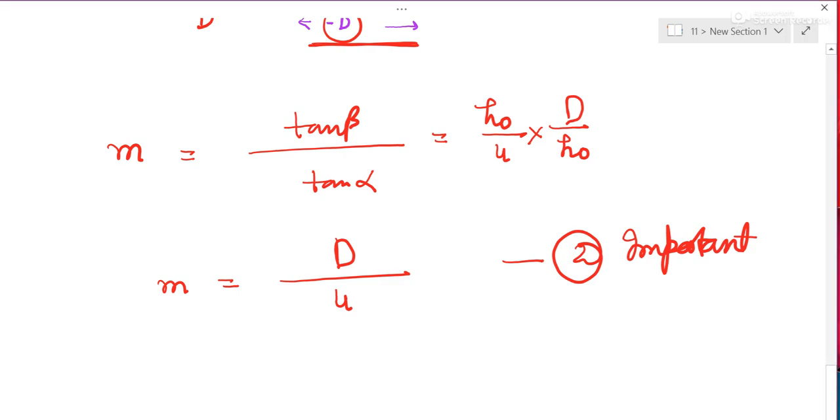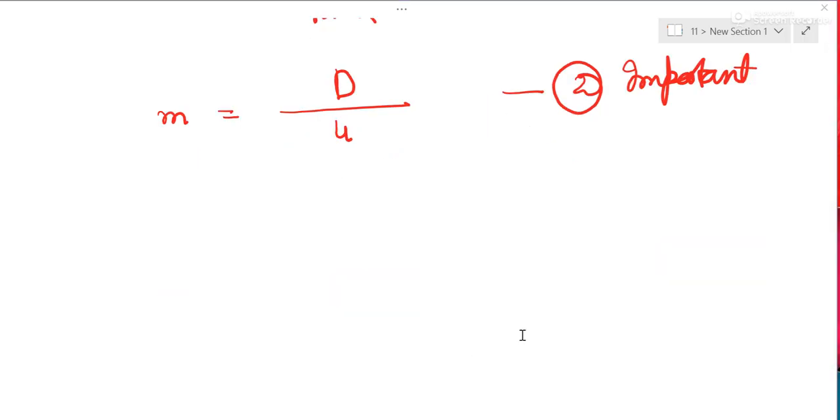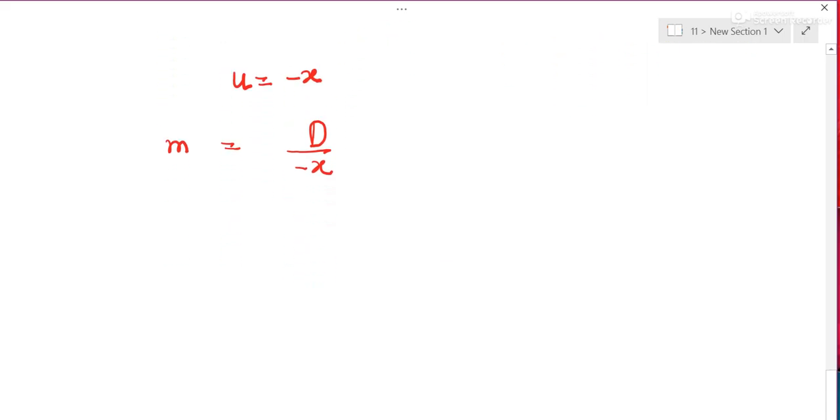So now, as you already know, in the diagram you can see that object distance I took as minus x, so I substitute D upon minus x. So now I'll use the lens formula.